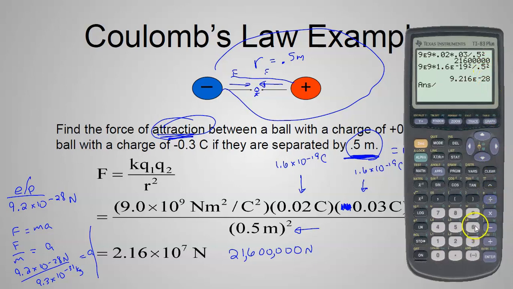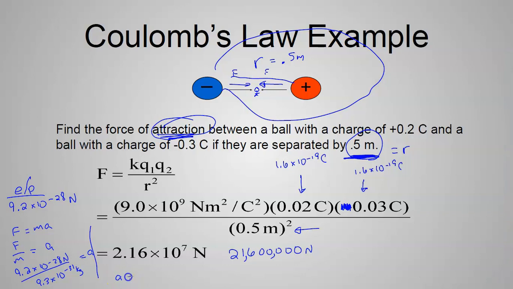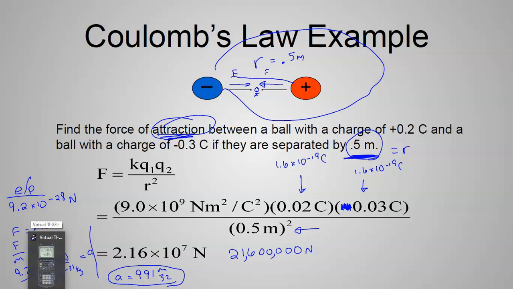I'm going to divide by 9.3 e negative 31. I get an acceleration of 991 meters per second squared. That's a whole lot of acceleration. So it's not a large force, but you put that little bitty force on a tiny, tiny object, you're going to get a huge acceleration right there. Coulomb's law is kind of neat.